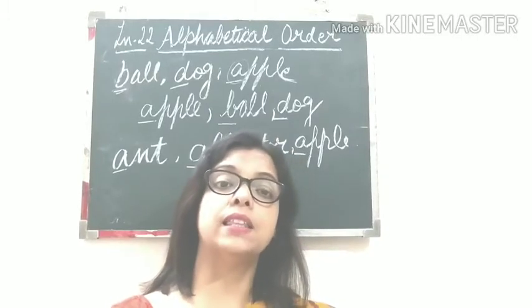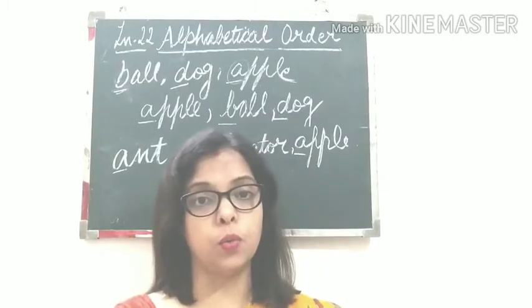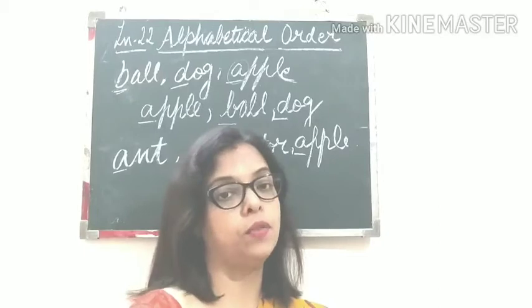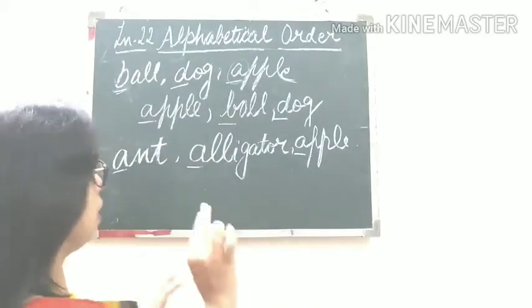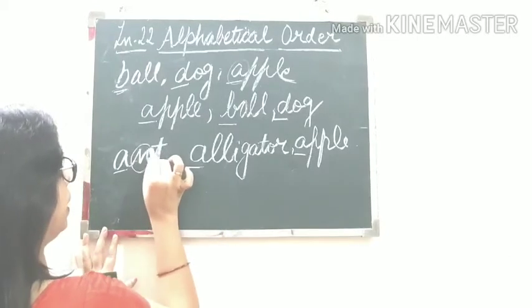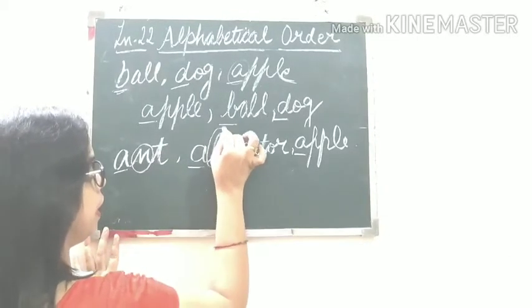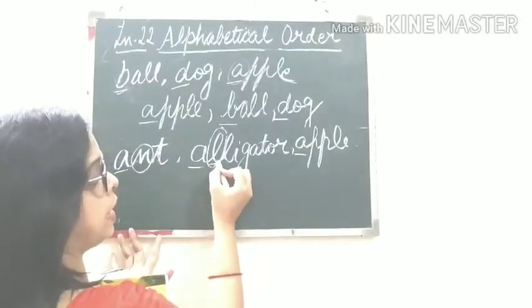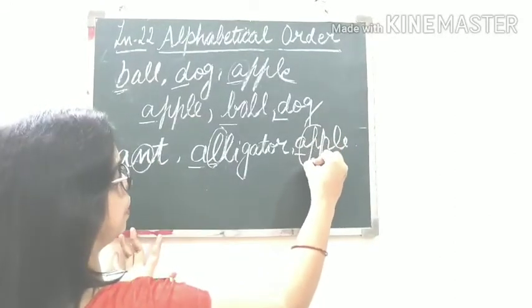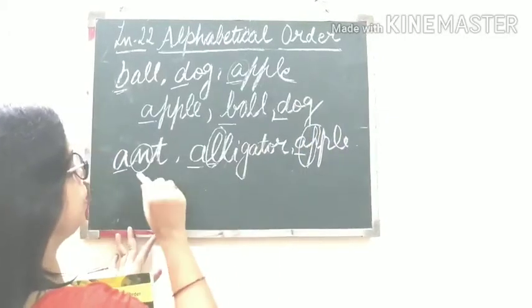Now we will look at the second alphabet of the word. The first letter A is the same, so forget it. Now come to the second alphabet. N, L. There are two L's, but we will see only one, the second place. And here P. Okay. Now which comes first?